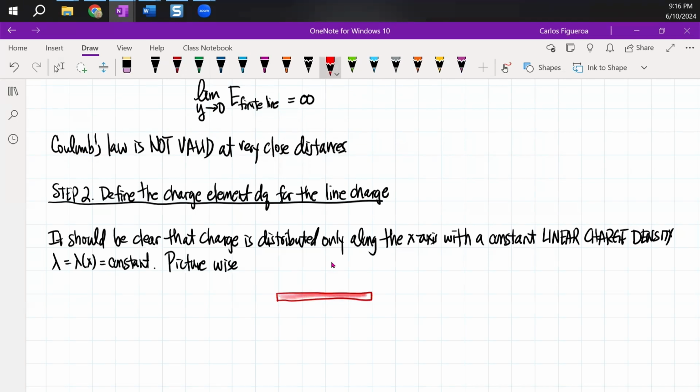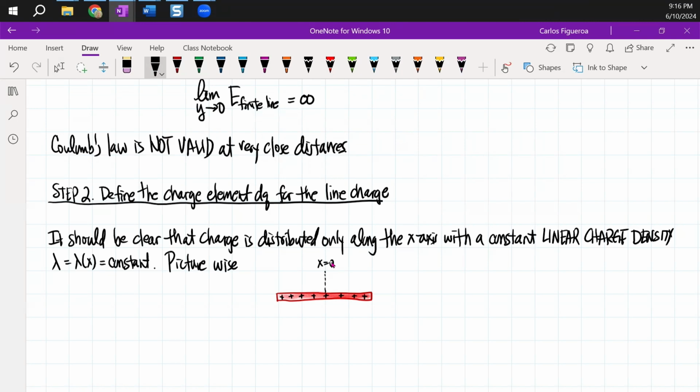And the key thing here, if it's uniformly distributed, that means that if this is x equal to 0, the amount of charge to the left and to the right should be exactly the same. So I have charges that have a uniform density.